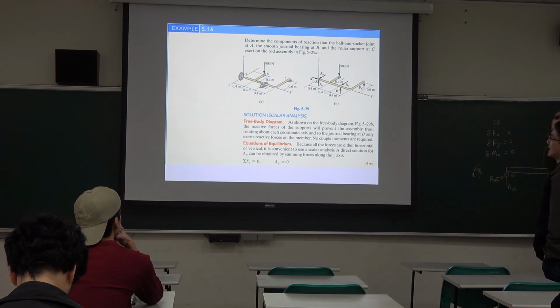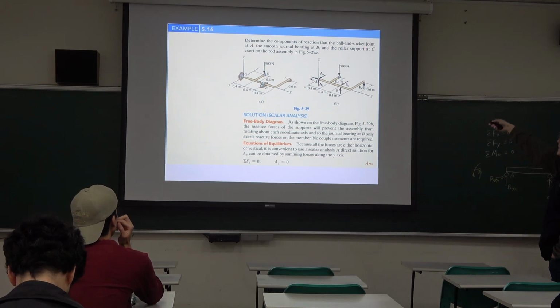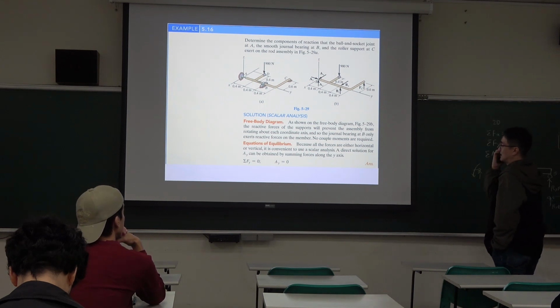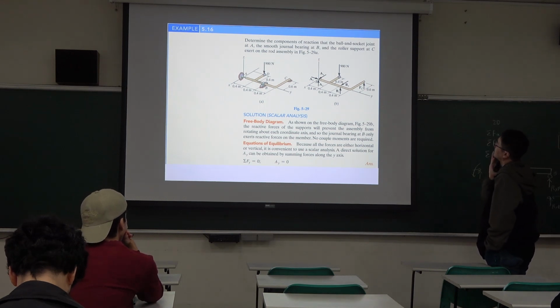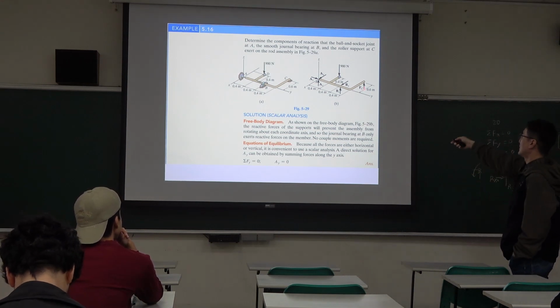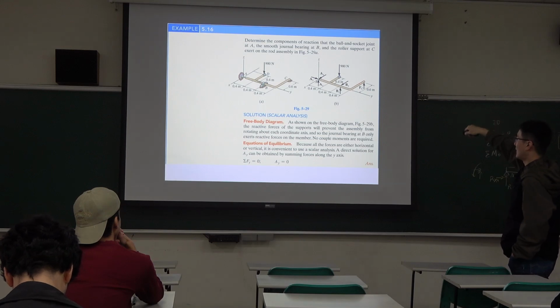Our requirement is we want to know the reactions for all of them. So first stage, from our observation, we can see there is no other y-axis or y direction force except AY.